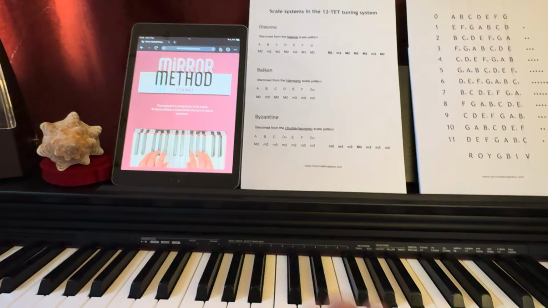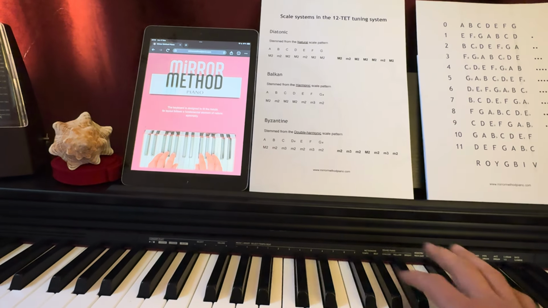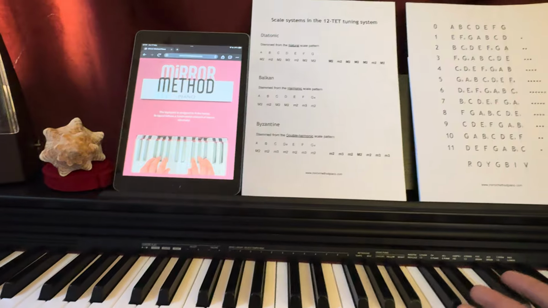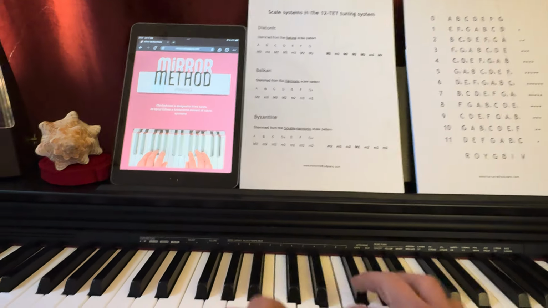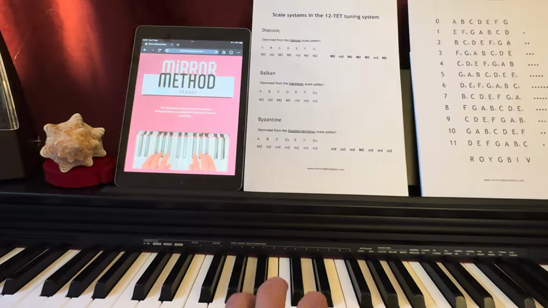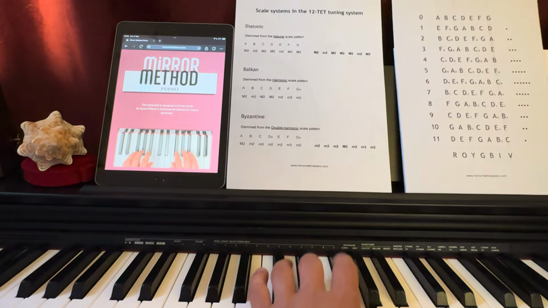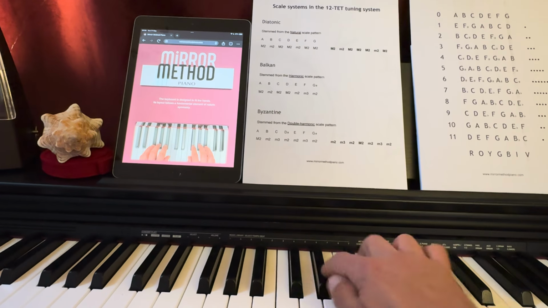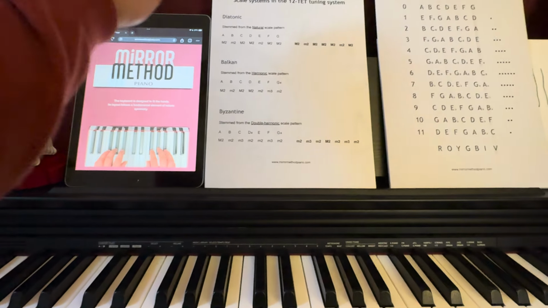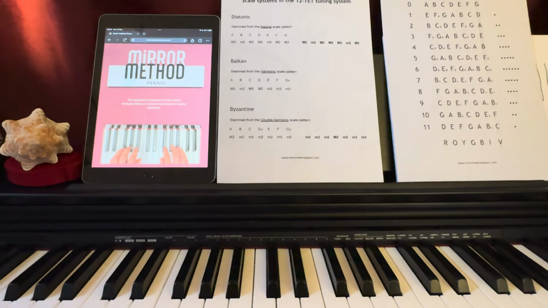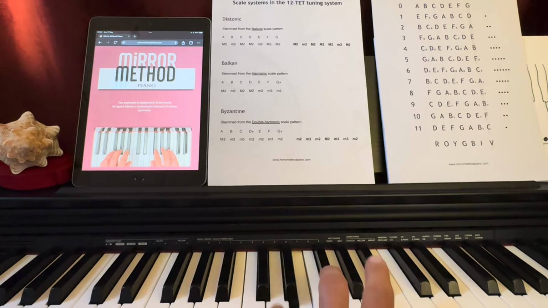Check this out. This is symmetrical, and it sounds even more awesome than this." And then it was like, "Well, check this out. I'm going to keep half this and take half of that and come up with this."